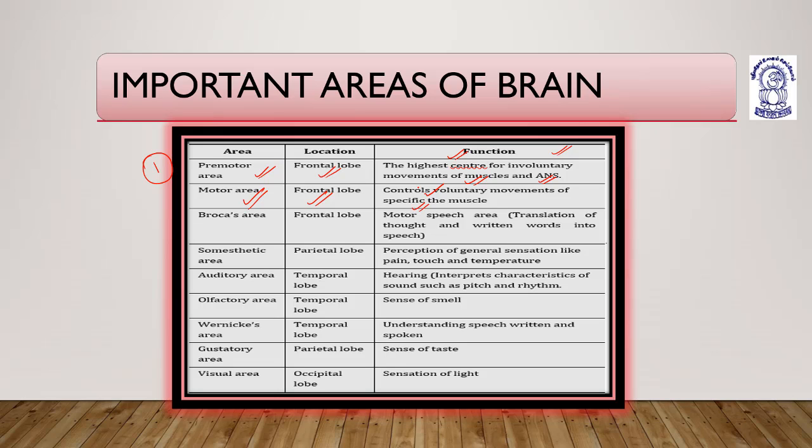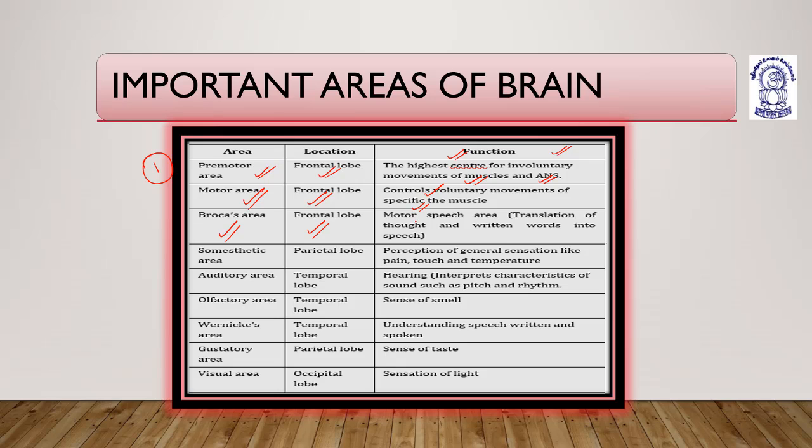So premotor area is located in the frontal lobe. It is the highest center for involuntary movements of muscles and autonomic nervous system. Motor area is located on the frontal lobe. It controls voluntary movements of specific muscles. Then Broca's area is also located in the frontal lobe.